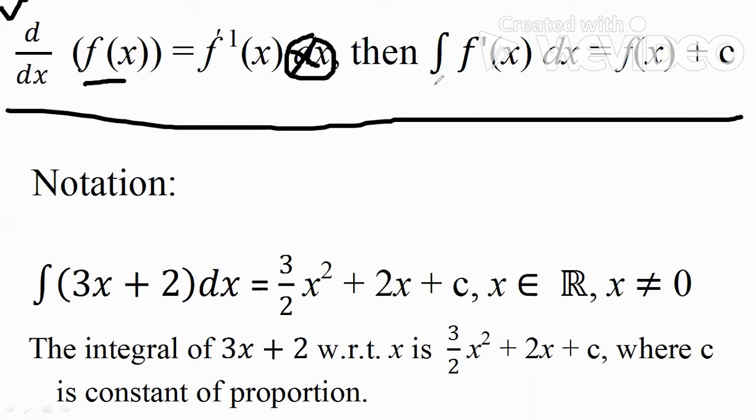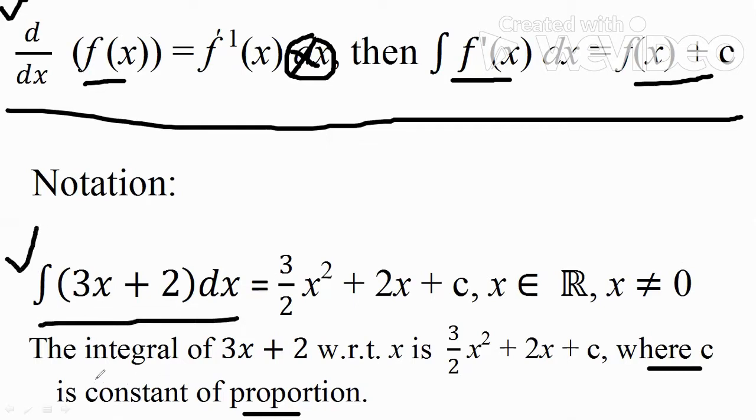Now, if we integrate f prime of x, the gradient function, we're supposed to get back the original function. And notice we have something called plus c, where c is a constant of proportionality. Now, how do we read a statement like this?